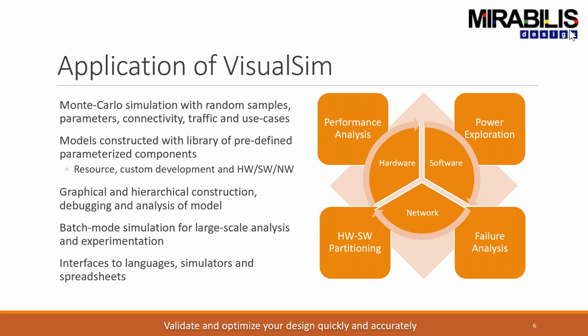The whole goal of the system is to be able to construct a model in a graphical environment using predefined libraries, run Monte-Carlo simulations with a variety of traffic, use cases, and parameters, and then be able to analyze the results. So the VisualSim Architect provides you the entire platform without having to go across multiple tools and multiple technologies.